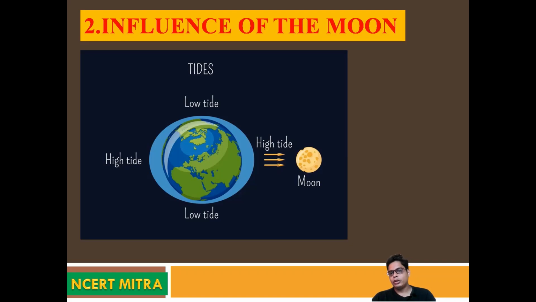Wherever the moon is located, the bulk of the water and all the water bodies go to that side, and that area becomes the highest. On the opposite side there are also high tides and low tides, and the up and down sides of the earth become the low tide areas. You can see this in the diagram.